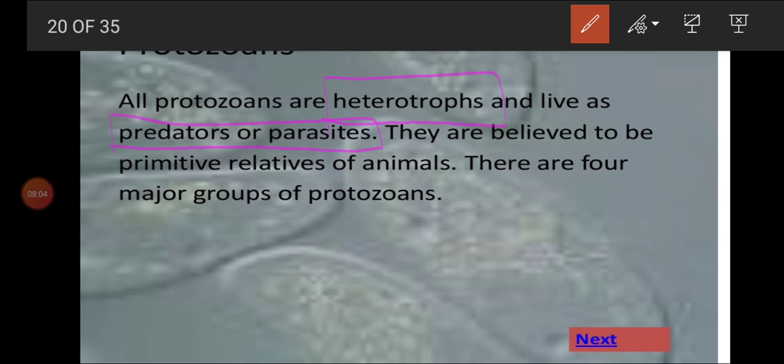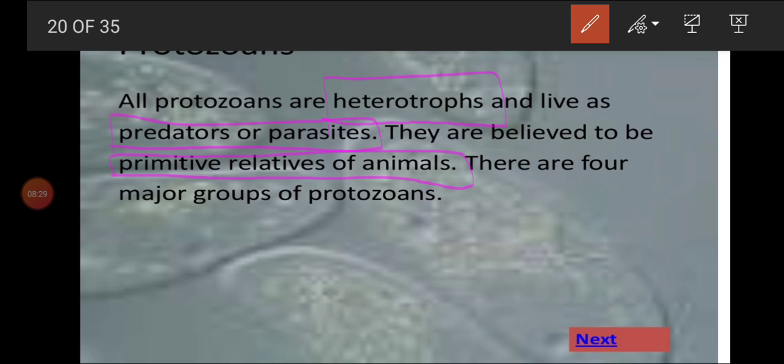So all protozoans are either predators or parasites, and they are believed to be primitive relatives of animals. Why? Because under protist we have learned, we started with algae, algae plus plant, algae plus animal, and slime mold, fungi plus animal.